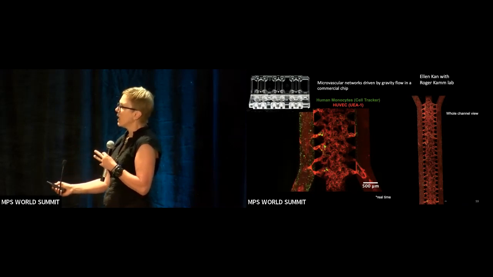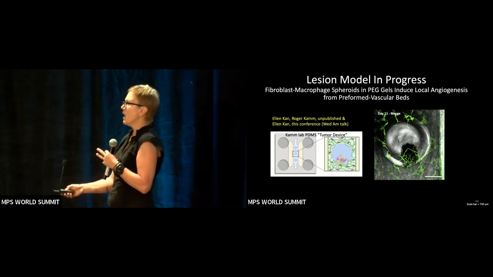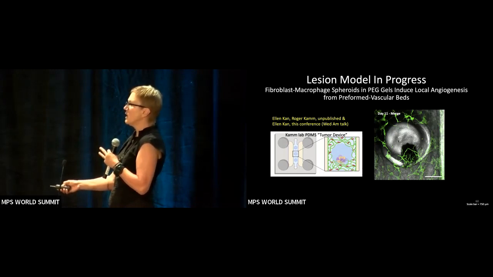Okay, now for the lesion model, what she's done and what she presented at this meeting is there is a Kamm lab iteration where devices that are now in a prototype stage in PDMS, you form the vascular bed and you leave these little holes and you can put tumors in. So we've been trying to build the endometriosis lesions in, and what Ellen presented was the vascularization into a proto-lesion from a preformed vascular bed.